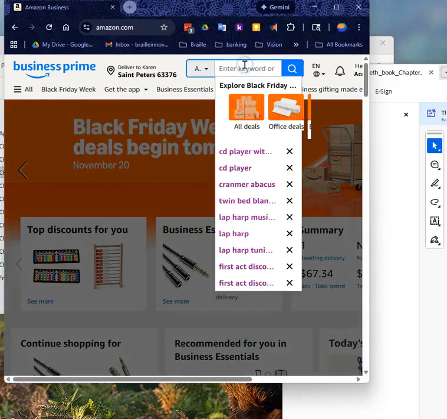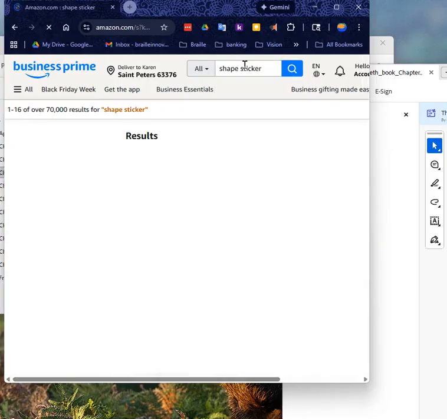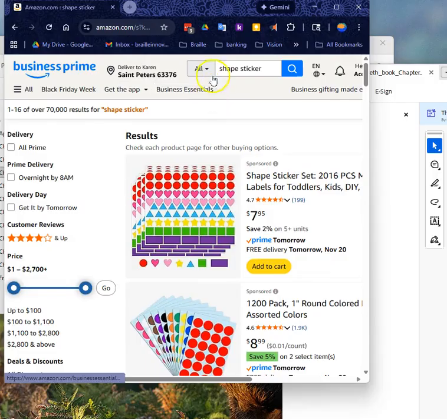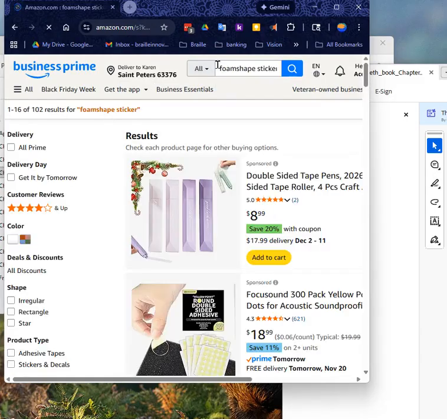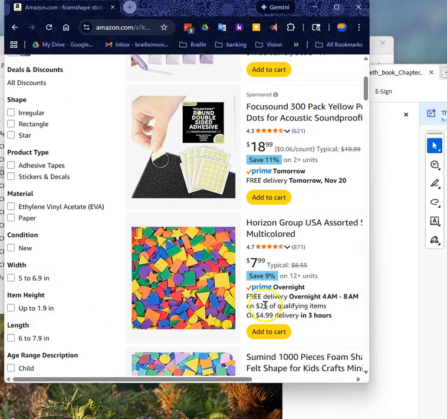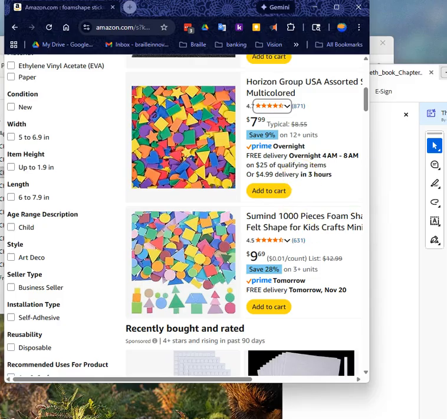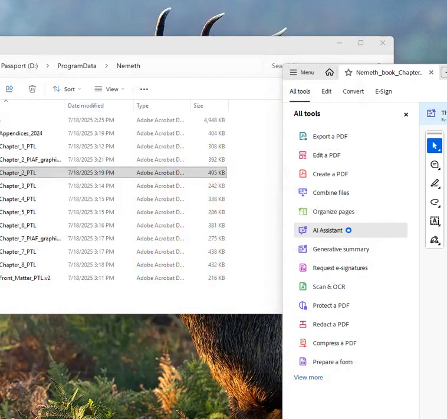Okay, so you can get shape stickers. You might need to write foam shape stickers. There we go, assorted, multicolored, there you go. Right there. Some shape stickers that would be helpful for kids that you're working with on some of these early math worksheets. Okay? Yay, have fun.